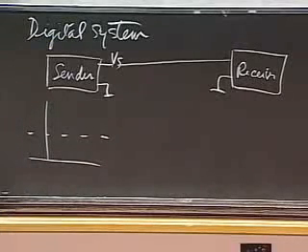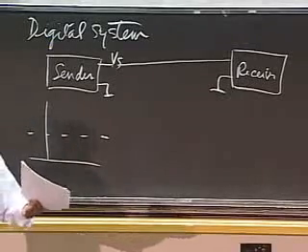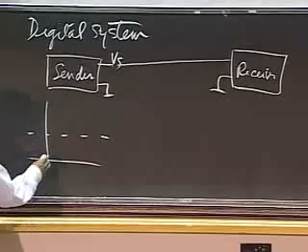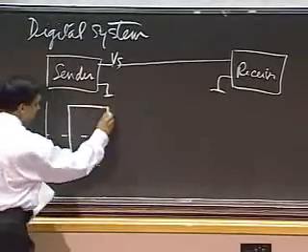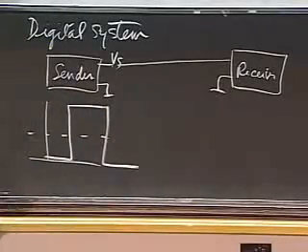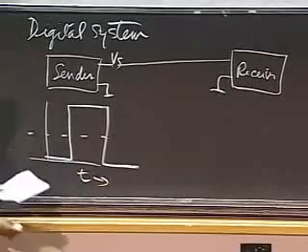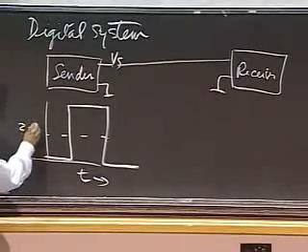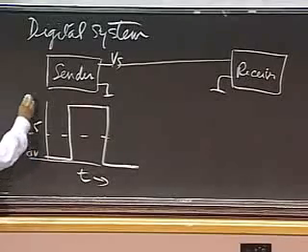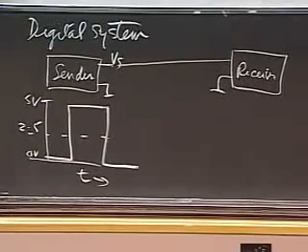In the digital system, the way I would send a digital signal is all I can use is ones and zeros. So let's say the sender sends some things like this. The sender wants to send a value. This is my time axis, and this is 2.5 volts, this is 0 volts, and this is 5 volts.